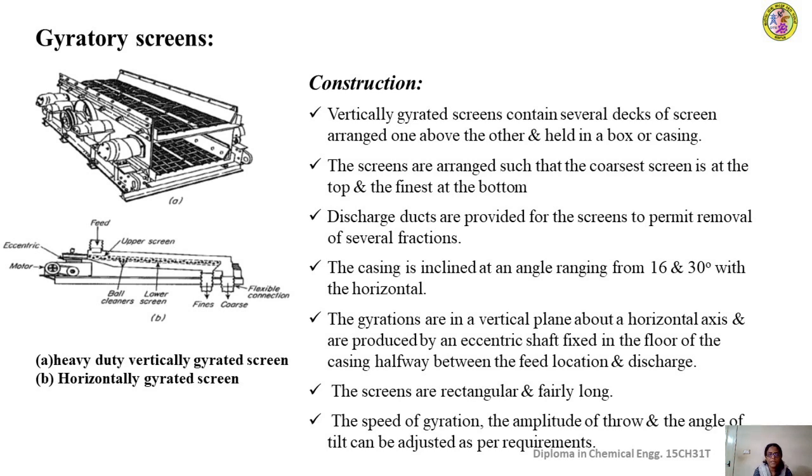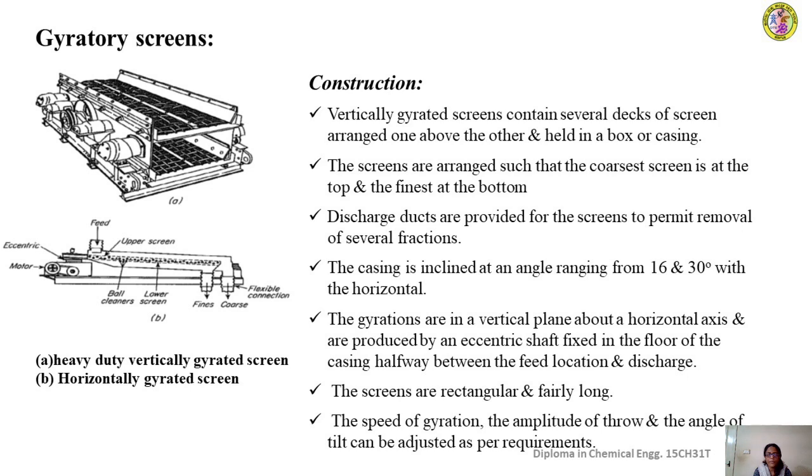Here, the screens are usually rectangular in cross section, having a fairly long construction. For any gyratory screen, the speed of gyration, the angle of inclination, and the amplitude of throw of the material over the screen during operation can all be varied according to our requirements.